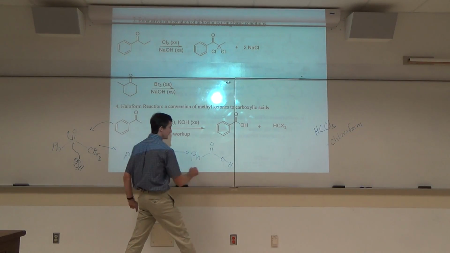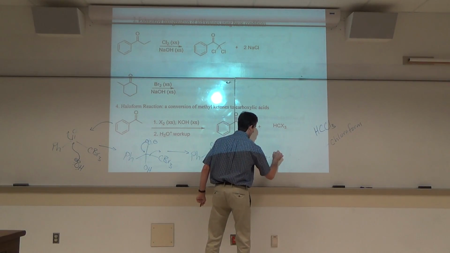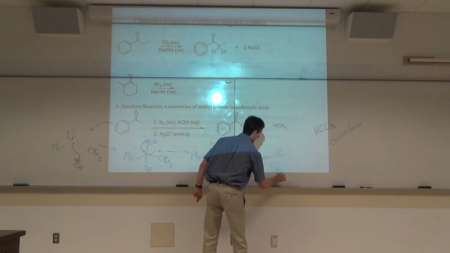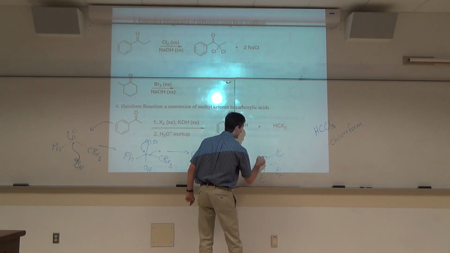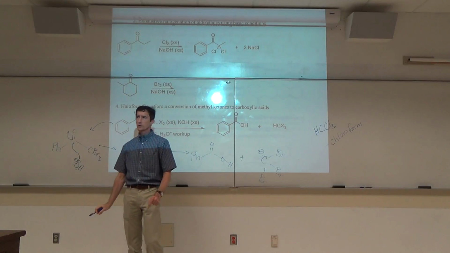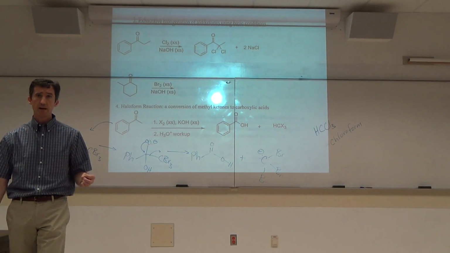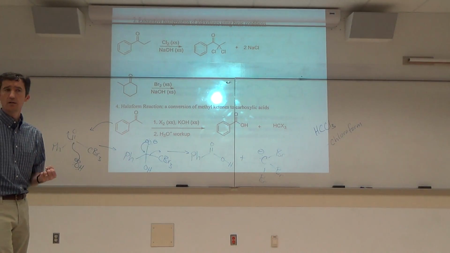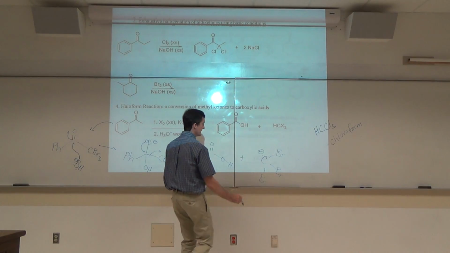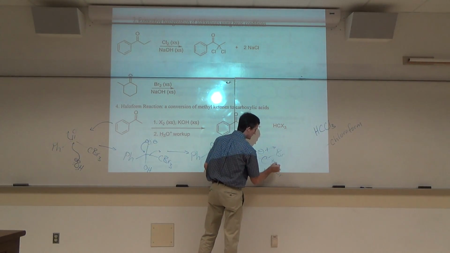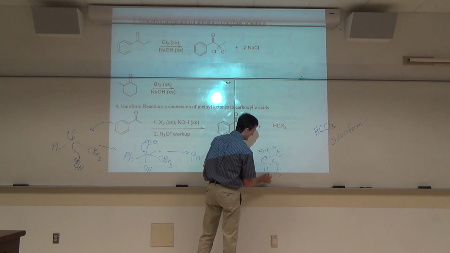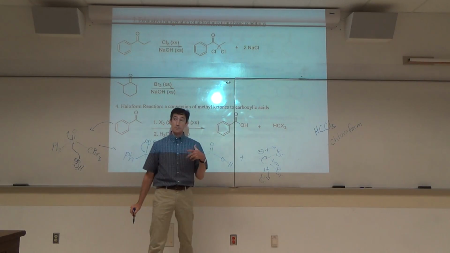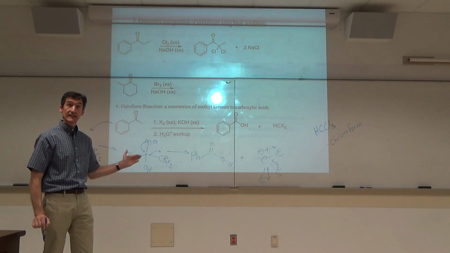What do we get? This with the OH now, plus this. Is this an ordinary carbanion, or is it stabilized somehow? Stabilized. Yes, it's stabilized by the 3 bromines, and apparently that's why it will leave.